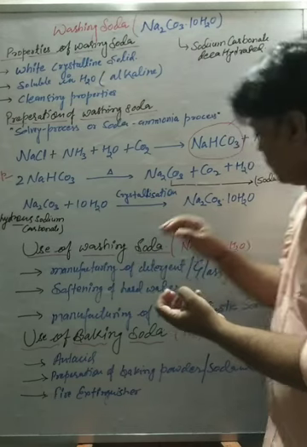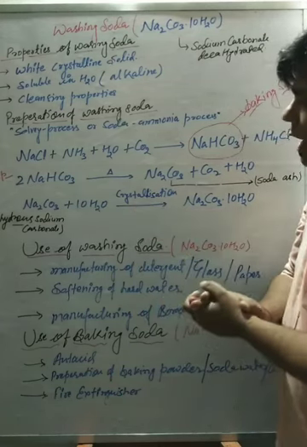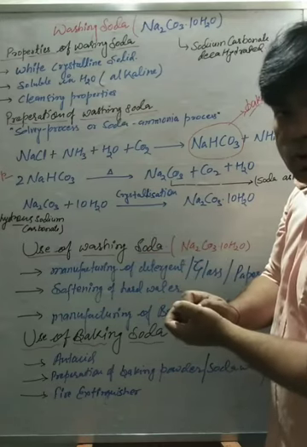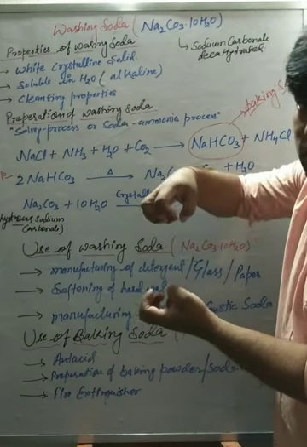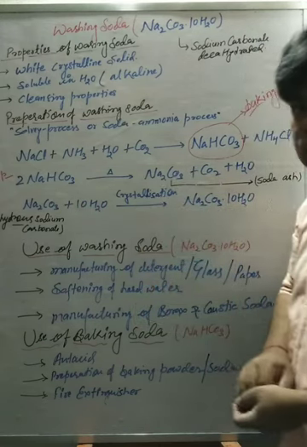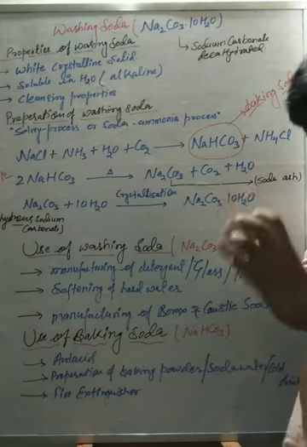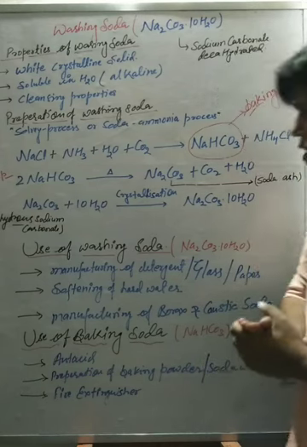How much sodium carbonate comes out? The 2 spoons more we added, the excess amount of sodium carbonate will come out in crystalline form. That process is called the crystallization process, when solute separates from a solution after removal of heat.